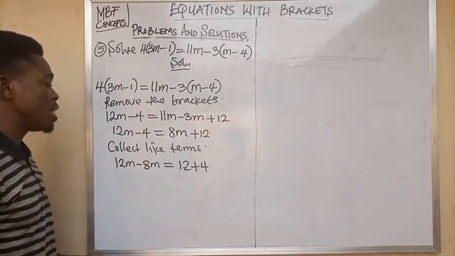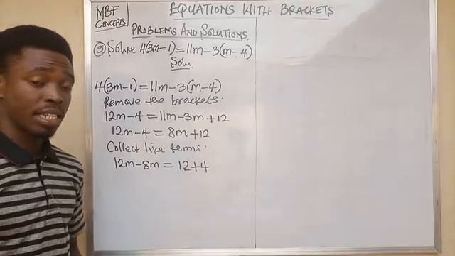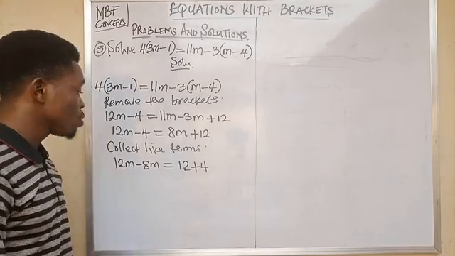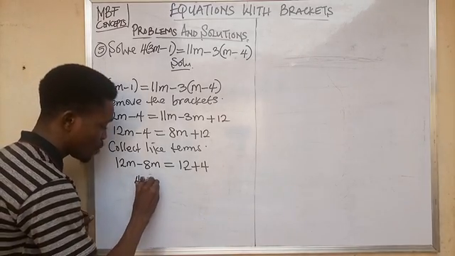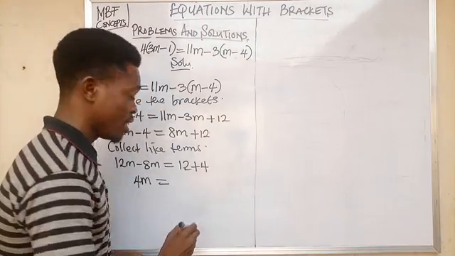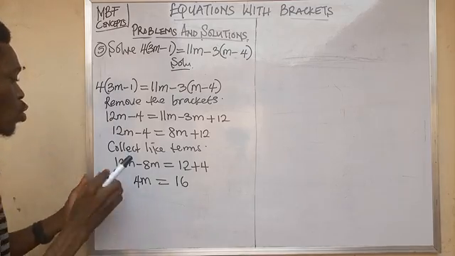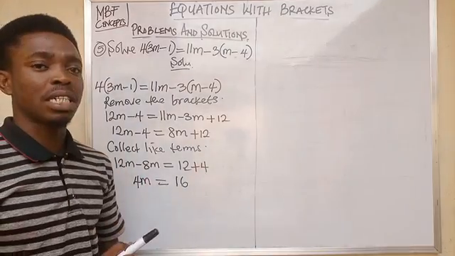Then the next thing we do is, remember that 12m and 8m belong to the same family, the same category. Therefore, we can subtract 8m from 12m, and when we do that, guys, we have 4m, which is equivalent to, when we add 4 to 12, 16. The next thing we are quickly going to do, guys, is to divide both sides by the coefficient of the variable m, and that coefficient is 4.